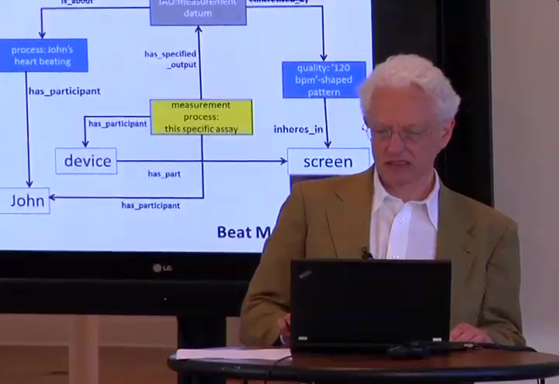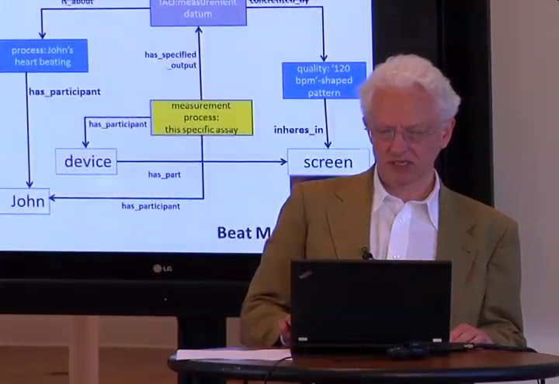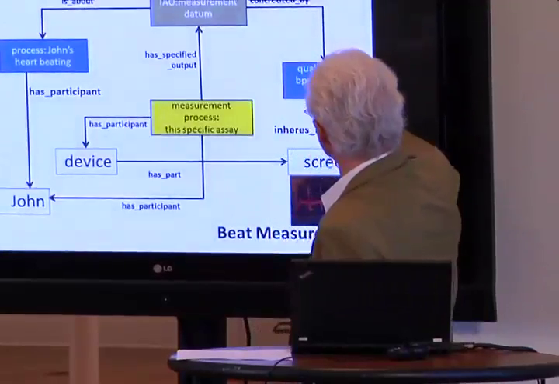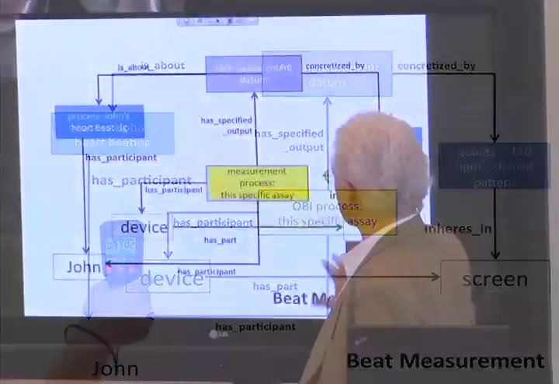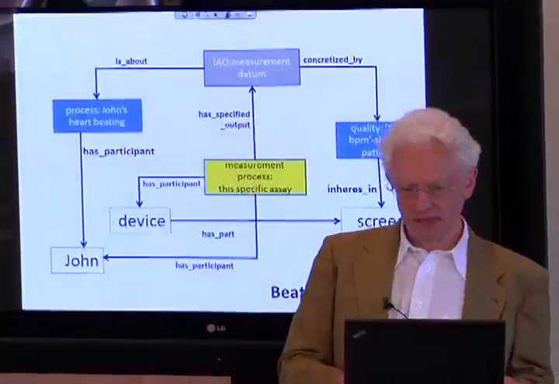And I don't think we need to look at this because it's similar to what we had before. Well, I'll just mention one thing. So there is a quality which is a 120 beats per minute shape pattern of the screen on the device, which is measuring the process of John's heart beating. And otherwise, everything is pretty much the same.